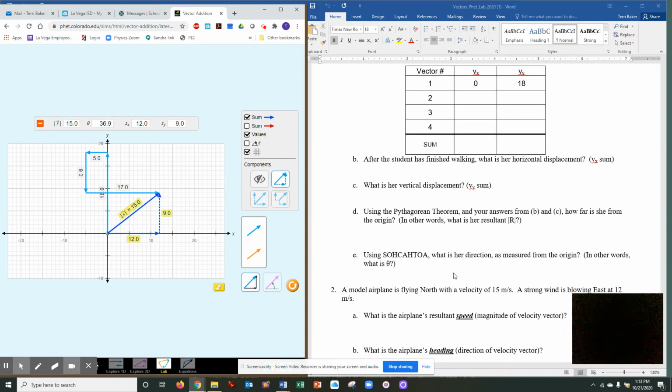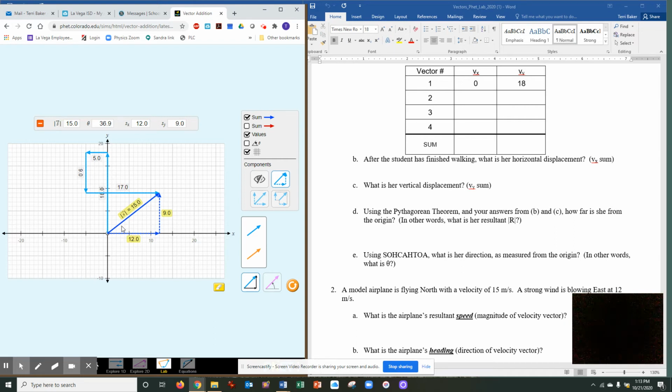You would do this by doing your angle is equal to the inverse tangent of 9 over 12, opposite over adjacent. So this angle is what they're looking for. The angle would be inverse tangent 9 divided by 12.